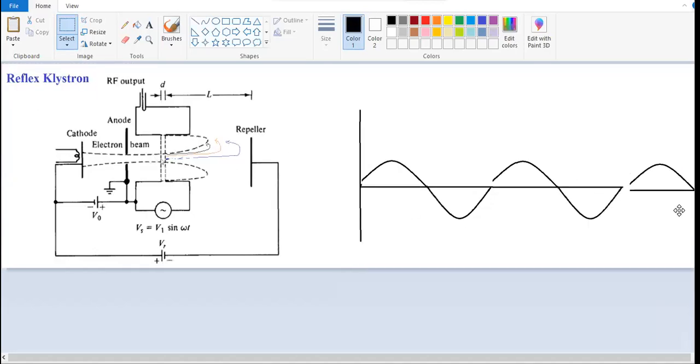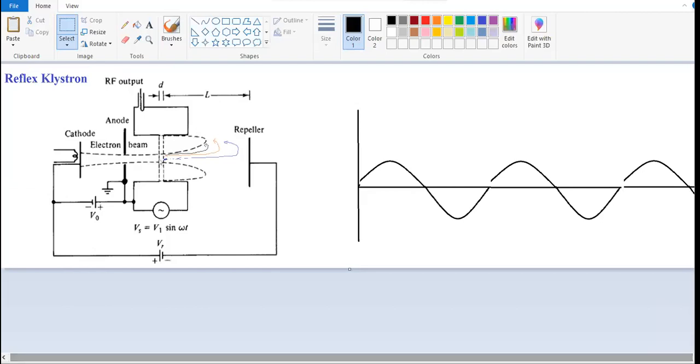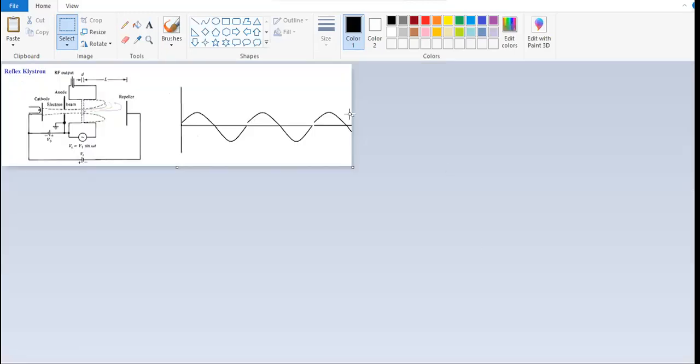So this is the third cycle. Okay, so we have 3 cycles here, and I'll put the third cycle.